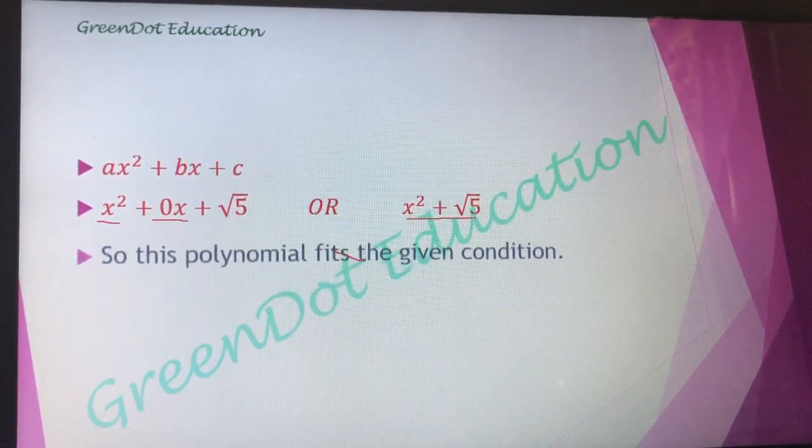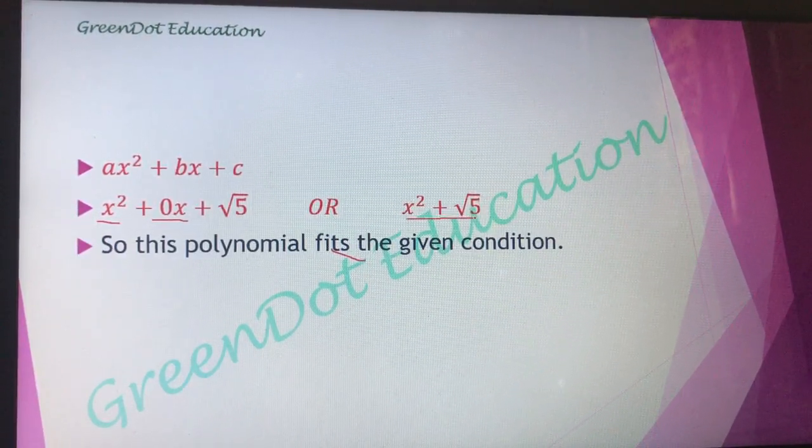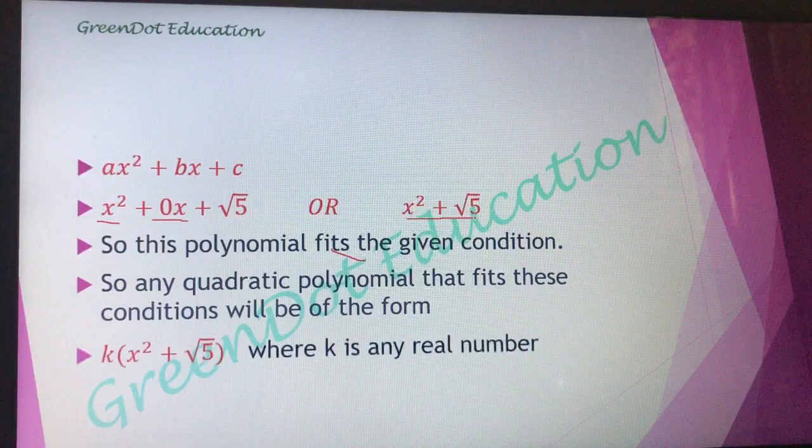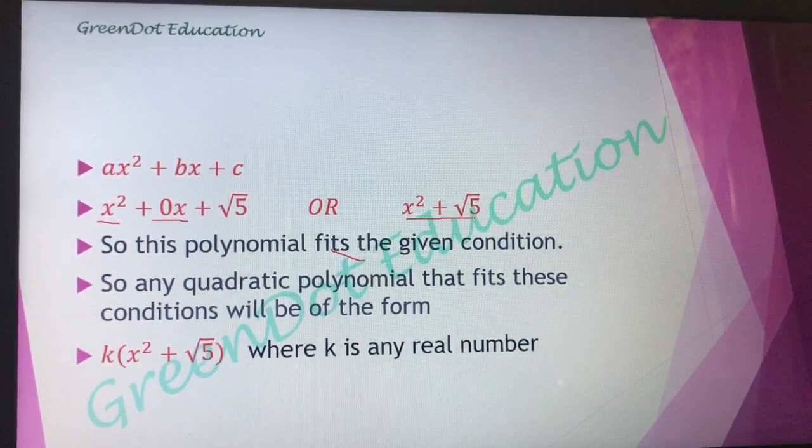So this polynomial fits the given condition, and hence any quadratic polynomial that fits these conditions will be of the form k multiplied by x square plus square root of 5, where k is any real number. So in this way we can form the quadratic polynomials if the zeros of the polynomials are given.